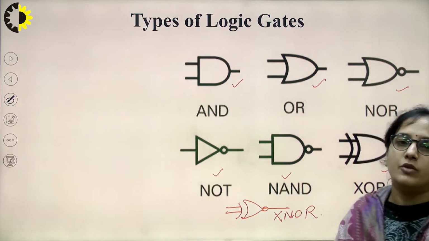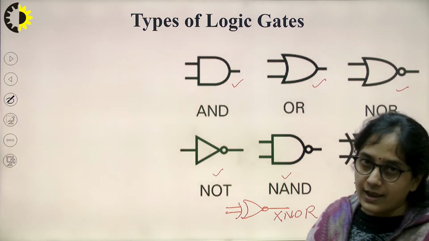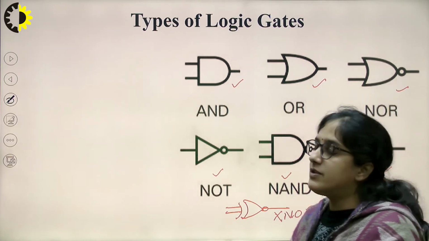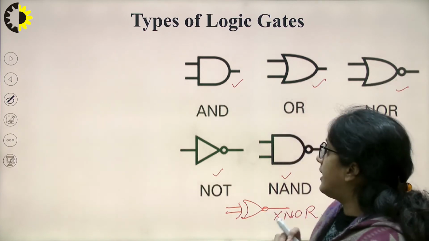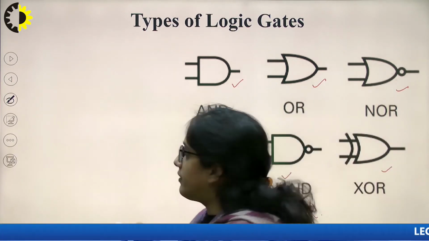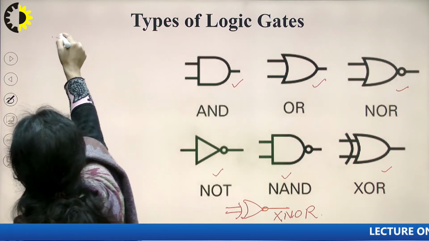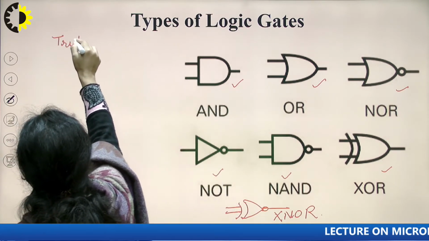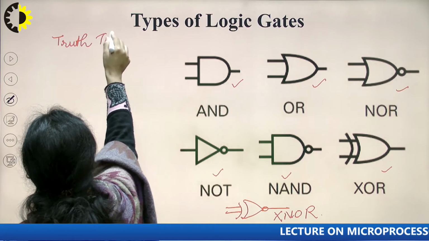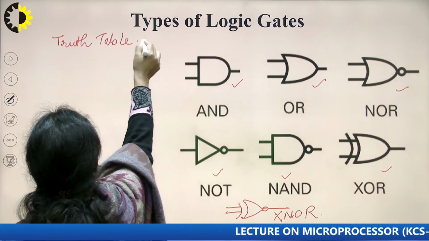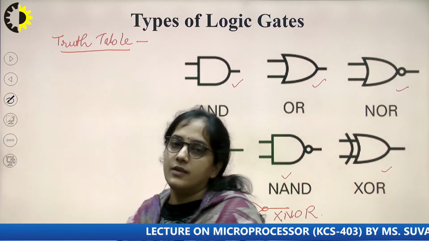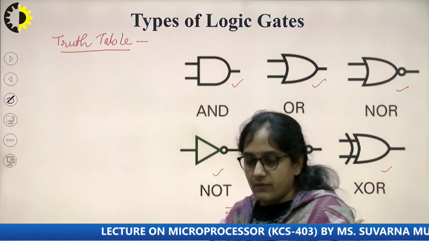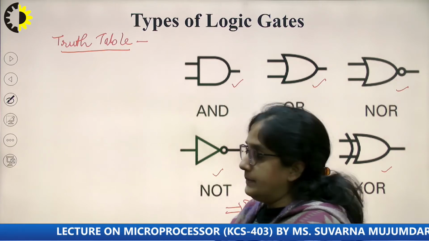Now, we will discuss one by one the truth table, that is the table which is used to represent the working of the gate. So, let us first write the truth table for the AND gate. A truth table is the table which gives us the relation between the input and the output.